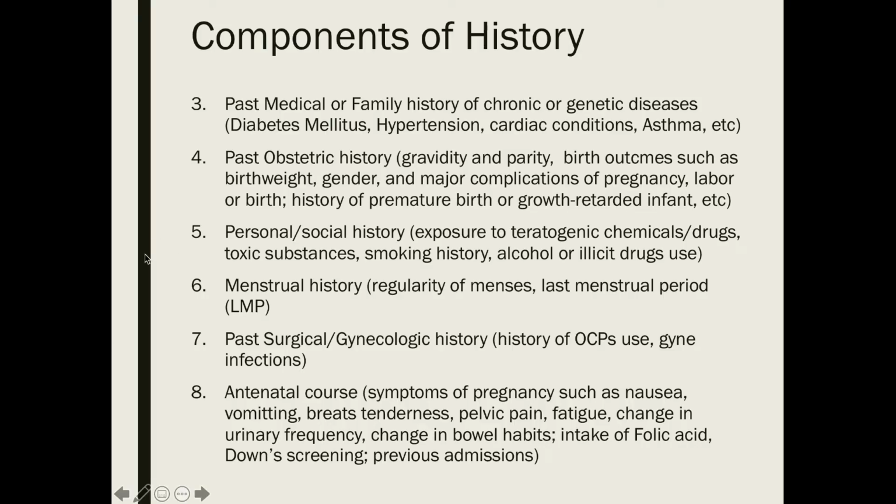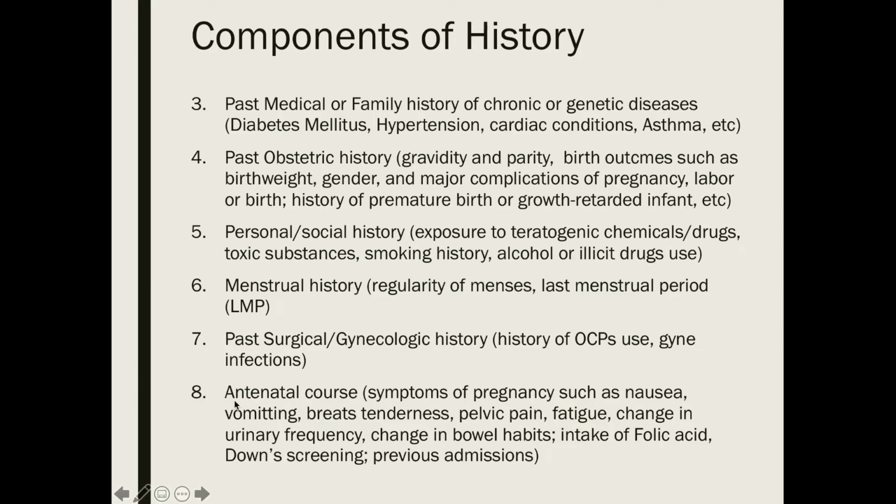We also ask her about personal or social history such as exposure to teratogenic chemicals or drugs, toxic substances. Ask her also if she is smoking, or if she has alcohol or illicit drug use.